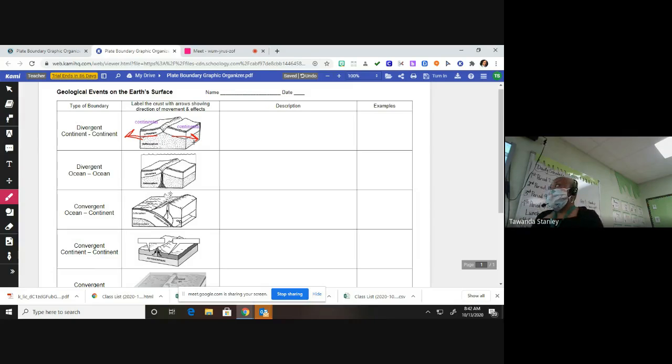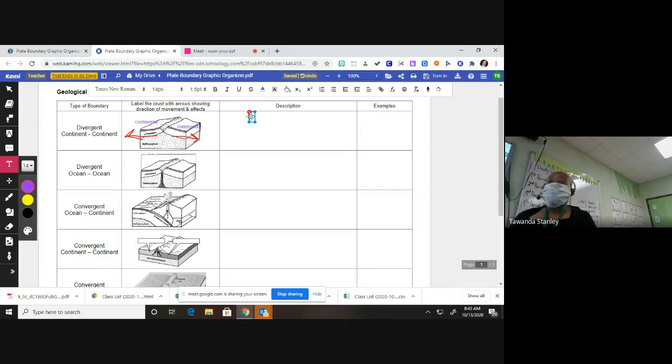Where it says description, I'm going to type in the plates will move away from each other.